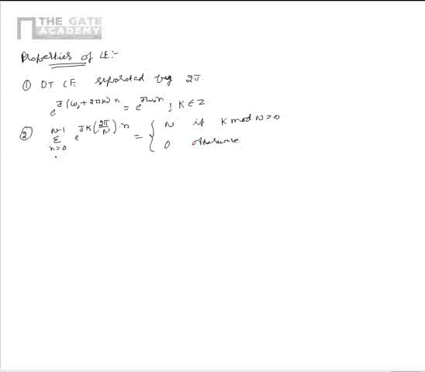That is, the summation from n equal to 0 to N minus 1 for the complex exponential that we have written leads to N if k mod N is 0, and 0 otherwise.